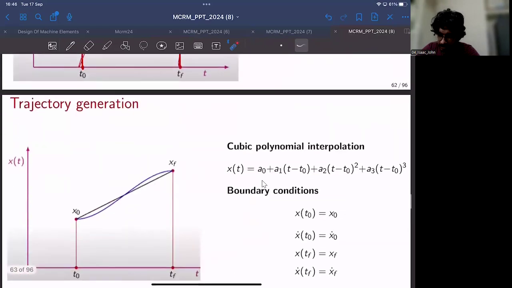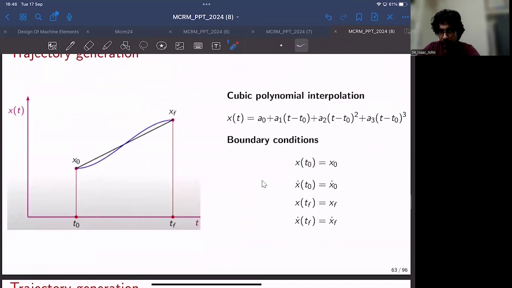These problems can be brought down if you are using a cubic polynomial interpolation, which is nothing but an equation of a third order polynomial. With the help of some boundary conditions, if you have initial position, initial velocity, final position, and final velocities, you will have these 4 equations and 4 unknowns in terms of the coefficients a0, a1, a2, and a3.